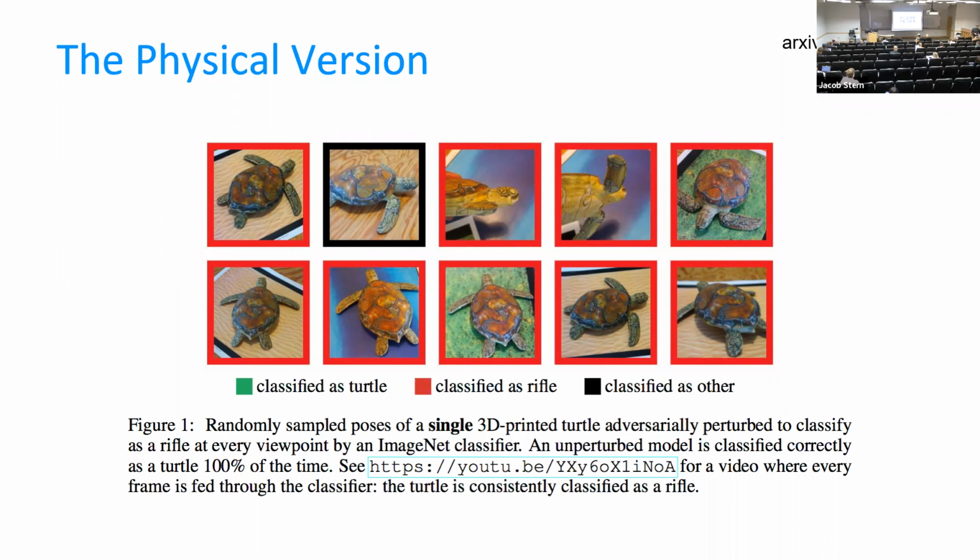I was just thinking, I think we talked about this before, but if you take away the photo of the turtle and just look at the background, I can kind of see how that could maybe be a rifle, like just the stock of something, I guess. Yeah, that's an interesting point, that neural networks often rely on background information to classify.